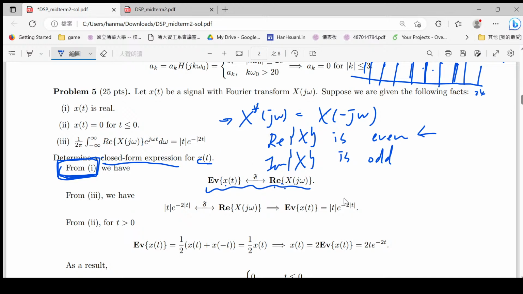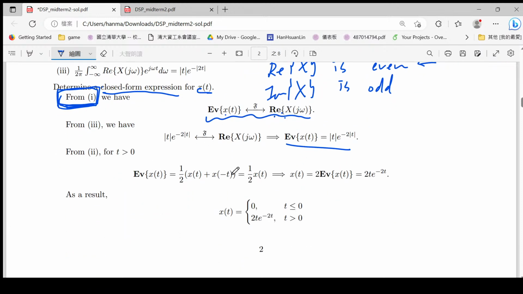So this thing is the even part of small x. And from here we're almost done. We are done with the knowledge part, and we need to do a little bit of calculation.